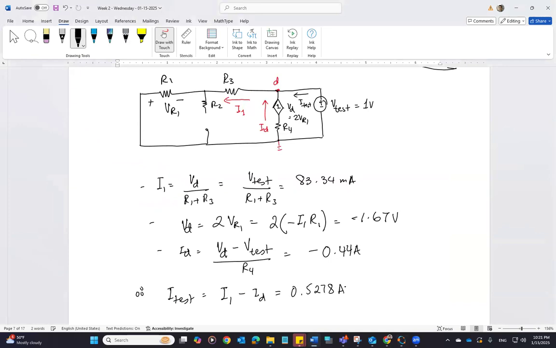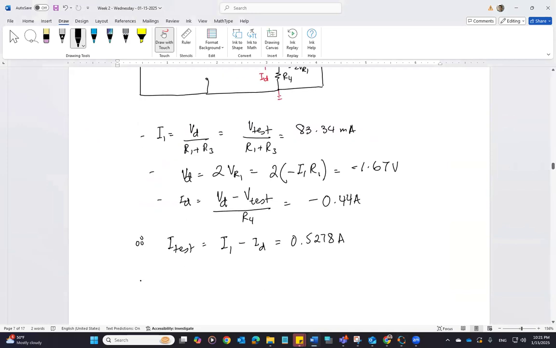And now we are ready to calculate our Thevenin.